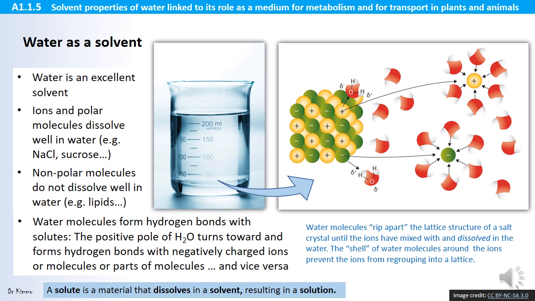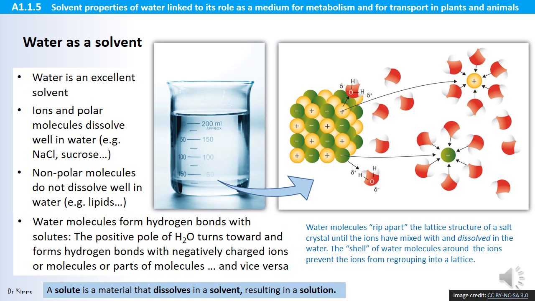The positive pole of the water molecules turns toward and forms hydrogen bonds with negatively charged ions or molecules, well, in this case, ions. So the negatively charged ion, which is green in this illustration and will correspond to chloride, forms hydrogen bonds with the positive pole of the water molecule.